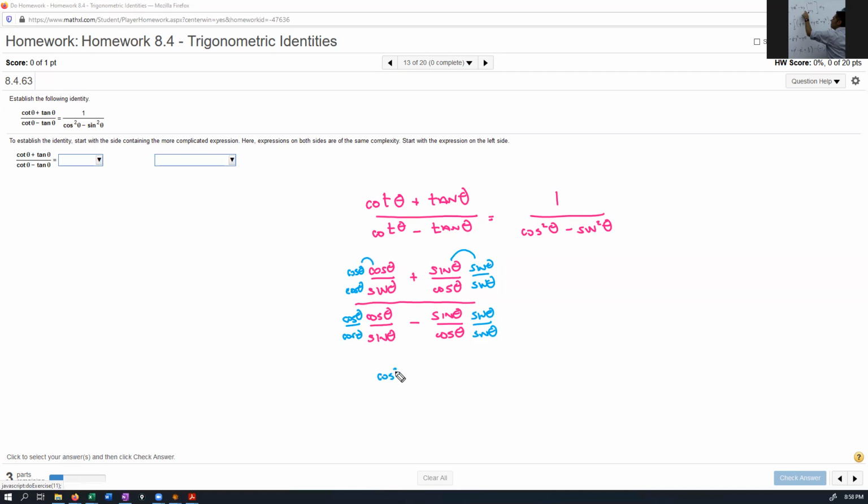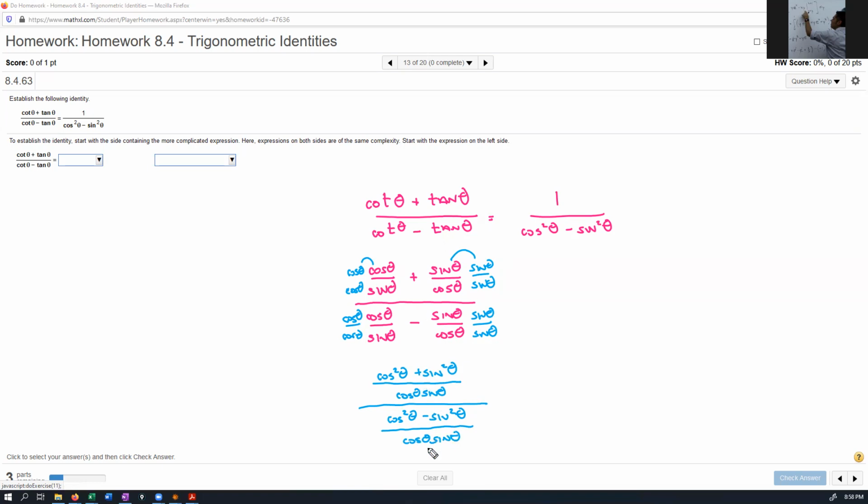So I have cosine squared theta plus sine squared theta. That's going to be a 1 over the common denominator, which is cosine theta, sine theta, over, now when I do these two together, I get cosine squared theta minus sine squared theta. That is not 1. And then over cosine theta, sine theta.